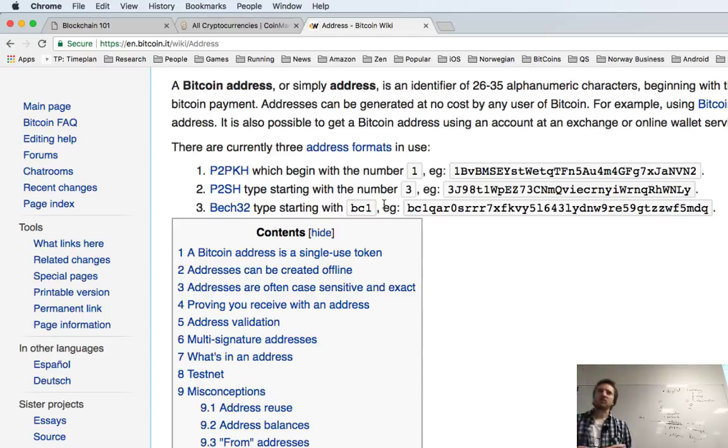So if you were to run a quick check on your computer to find out how many Bitcoin addresses you have on your drive, what would you do? So the question is, how many Bitcoin addresses can I find on your hard drive right now? How would I do that? How would I check it? What's the simple way you can do it?